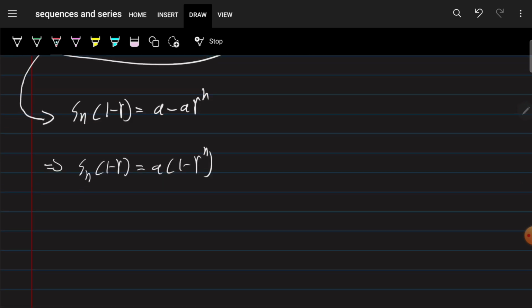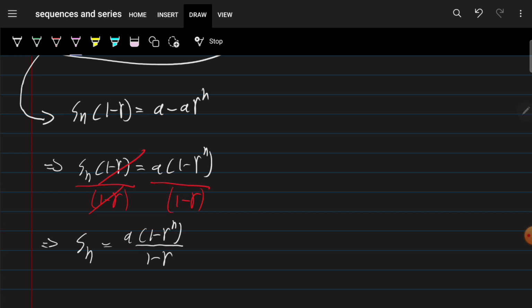And I'll divide both sides by 1 minus r. That'll cause this to go away, and we get that Sn is equal to A times 1 minus r to the n all over 1 minus r. Okay, and this is exactly the same formula that we started out this video with.